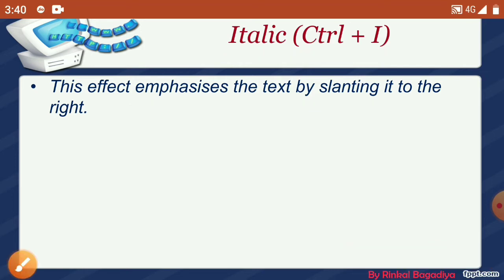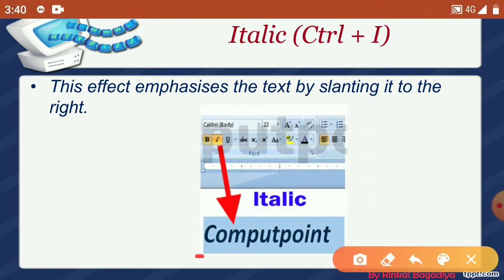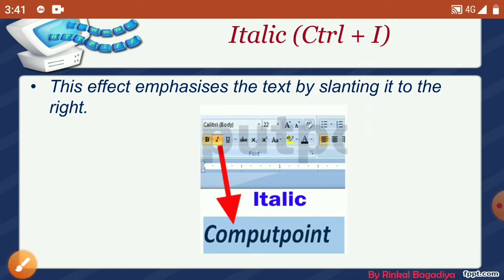Now on the screen you can see the word compute point, and after applying italic effect on this word, it will look a little bit slanting to the right side. Okay. So this is the italic effect.